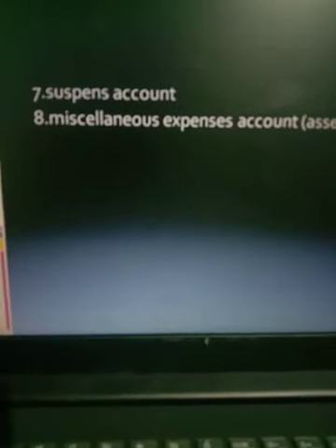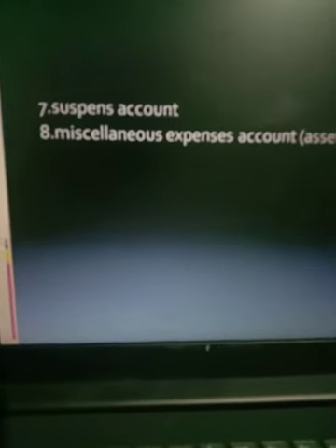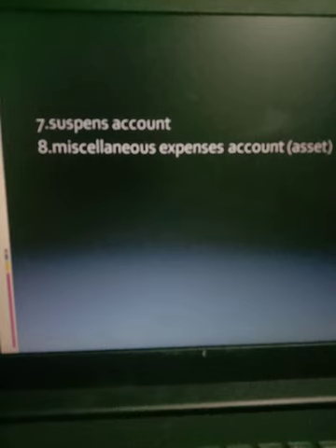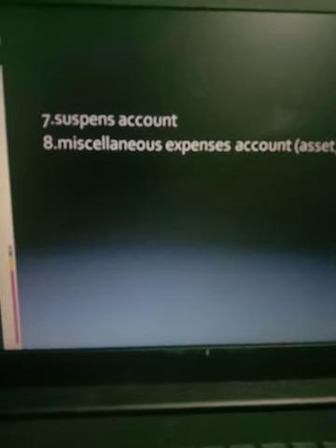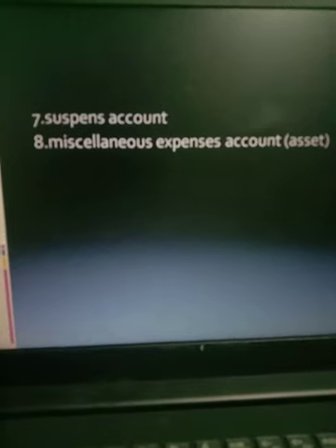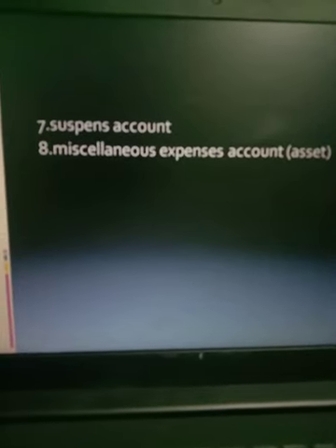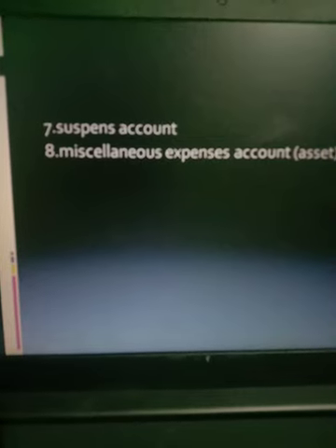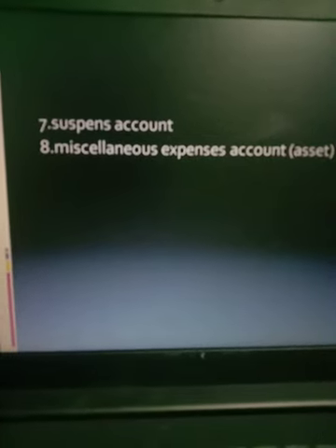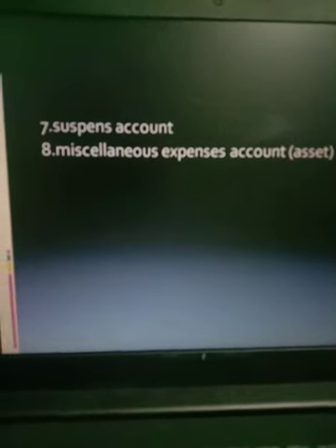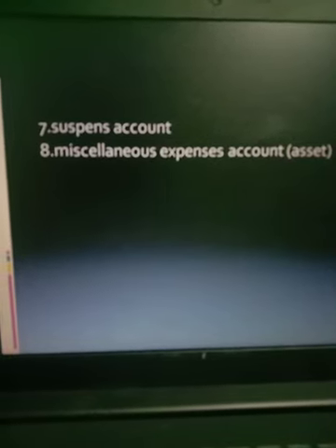Sometimes a company may incur huge expenses and cannot recover them in one financial year, so they carry those expenses for some years.